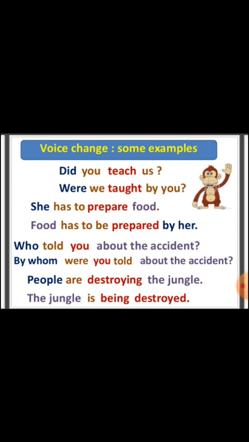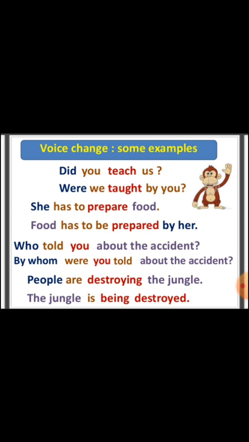So bring the object us ahead, and as you know it is a question, so you have to put the helping verb before the subject. We is plural here, so were is used. Were we taught by you? She has to prepare food. Food has to be prepared by her.